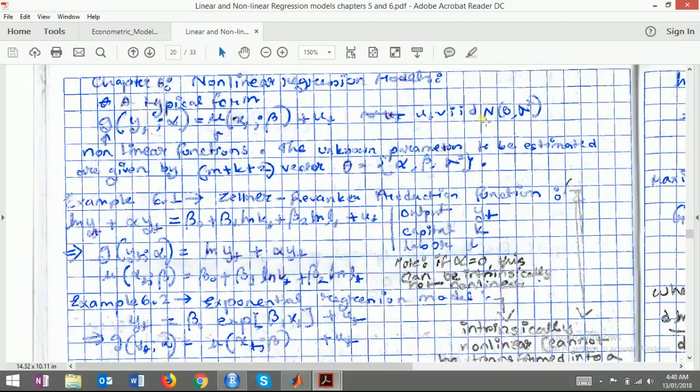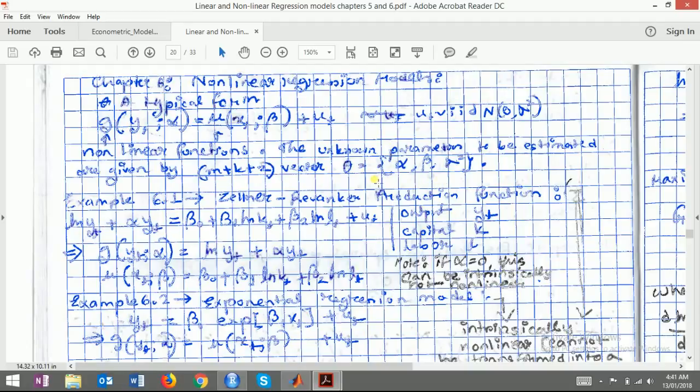The unknown parameters to be estimated form an (m plus k plus 2) vector, theta, which is alpha, beta and sigma squared.